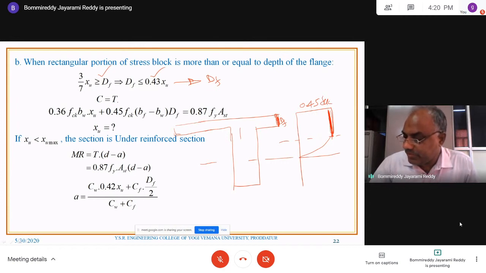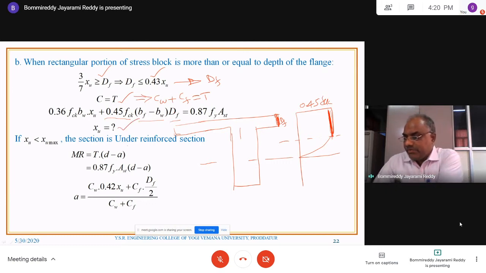So here also use the same condition, C equal to T. C means the two parts, C web plus C flange, will be equal to T. C flange means 0.45 FCK (BF minus BW) into DF, equal to 0.87 etc. You will get the XU value.